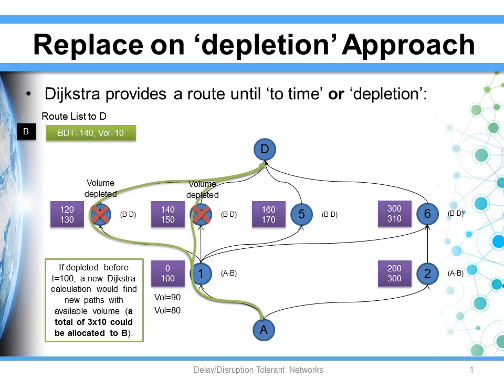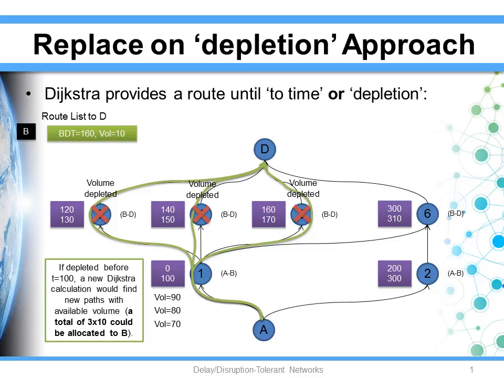Something to notice here is that this calculation will only be triggered if this volume is consumed in the forwarding phase. So if this gets depleted, we again go for another route calculation, which will find another path through node 5, and which can eventually again be depleted. This best delivery time is now 160, and therefore after these 3 phases we were able to allocate a total capacity of 30 units to destination D through contact number 1 to node B.